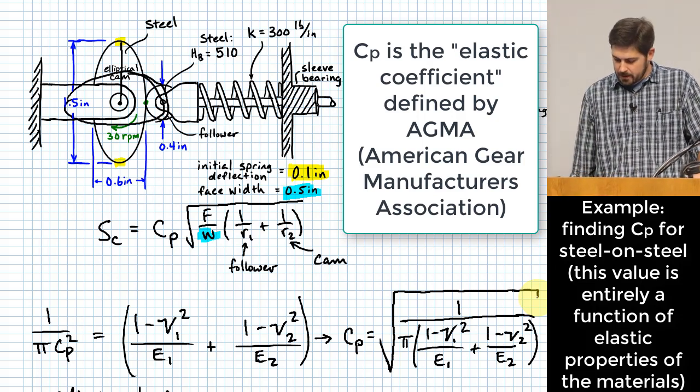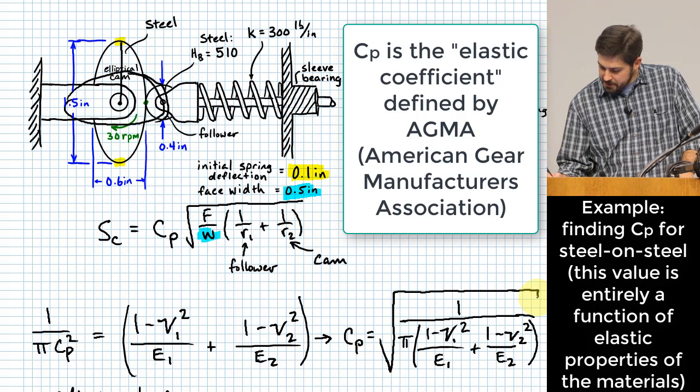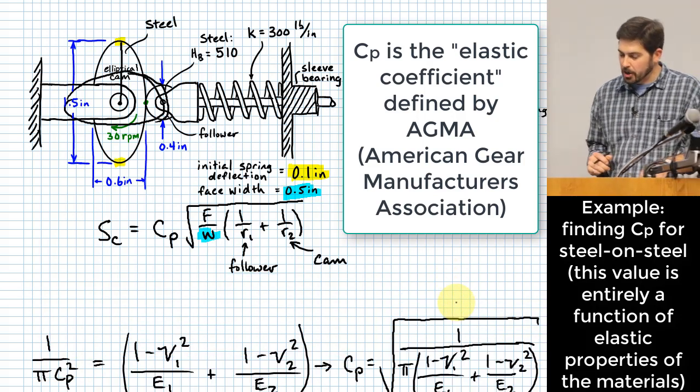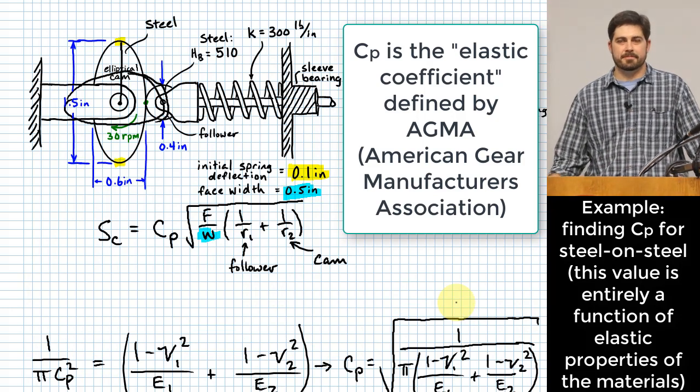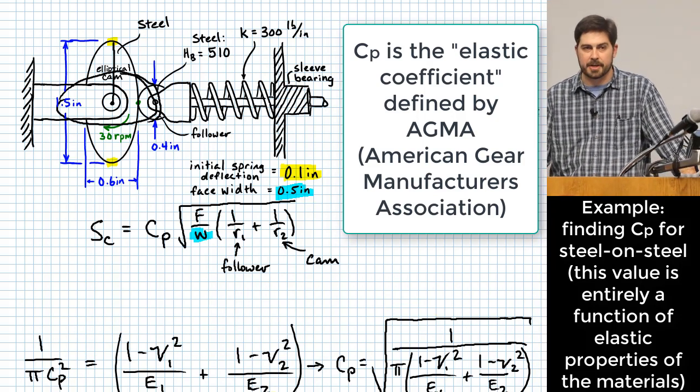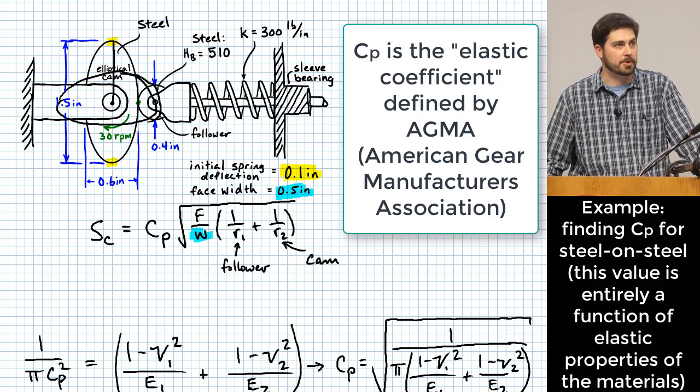This is actually interesting, you'll notice there are no strength properties listed there. None of the things that I have listed there are properties that are strength of the material. They are all elastic properties.